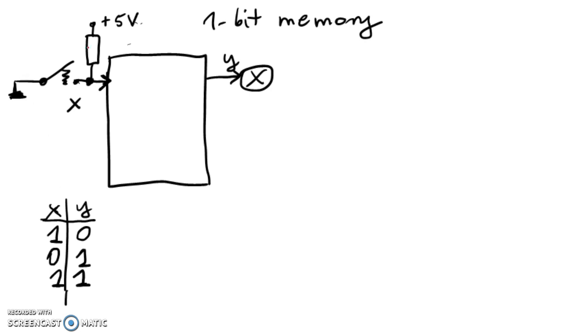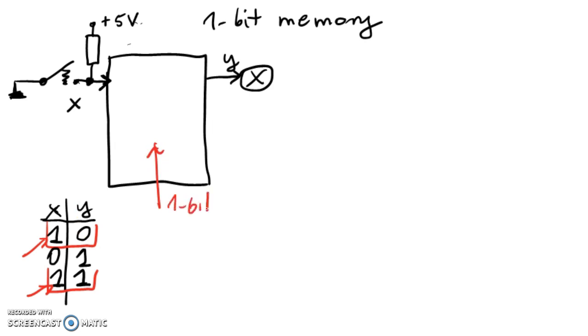And now let's compare these two rows and interpret them. It is quite new behavior. For the same value of X, you get two different values of Y. So Y must depend not only on X. There is a memory element inside.